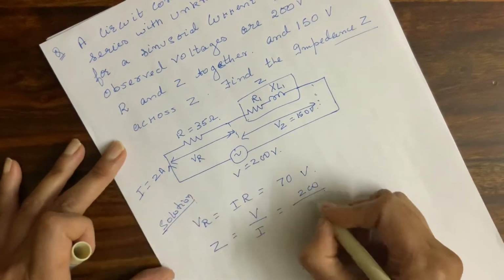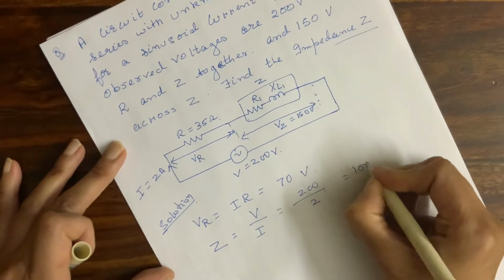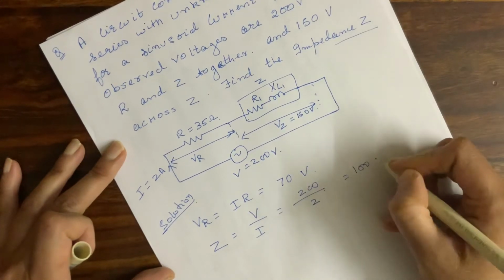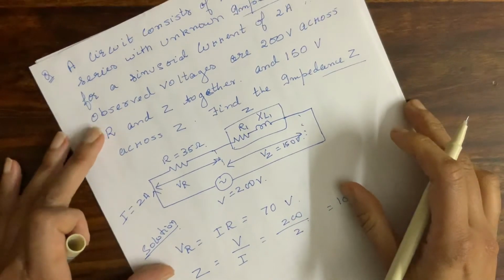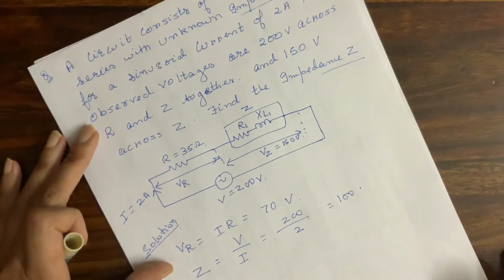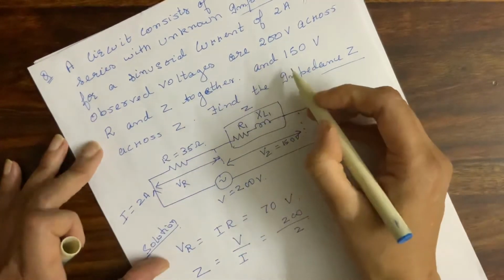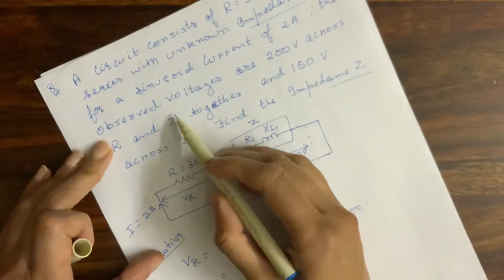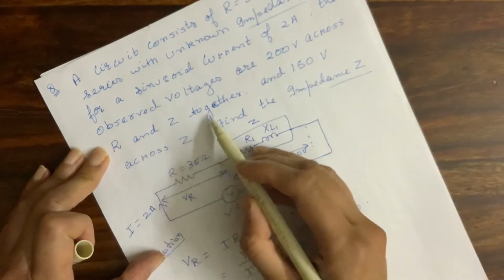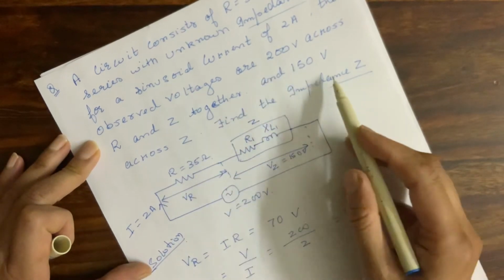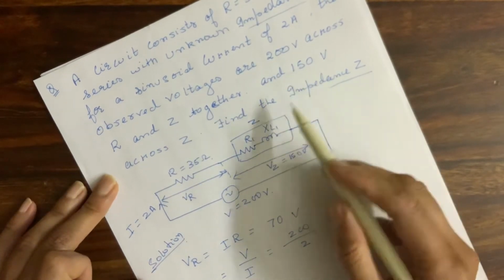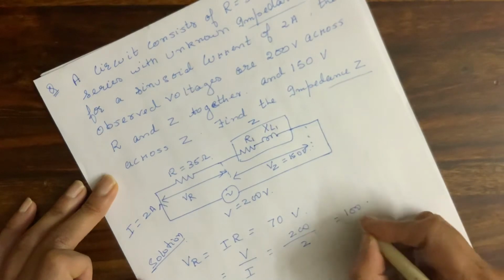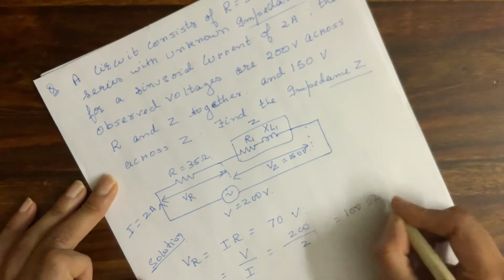What is the total current? 2. So the total impedance is 100 ohm.